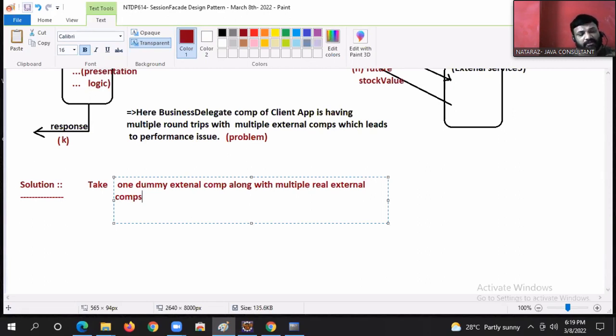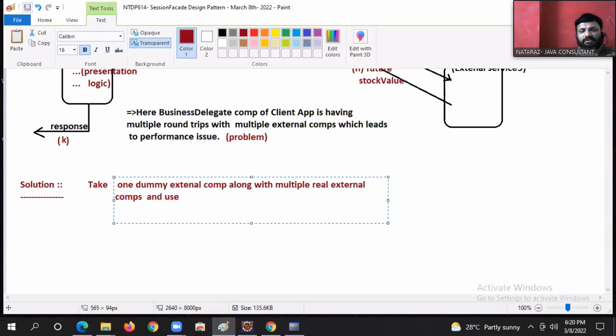Are you understanding my statement, boss? Come on. Take one dummy external component along with multiple real external components. Okay.